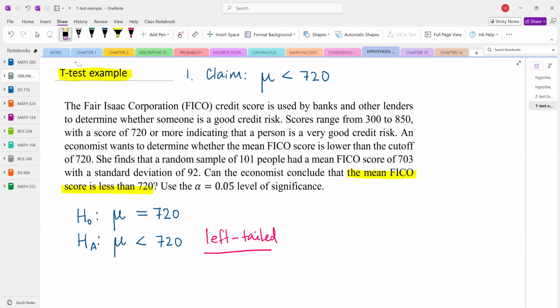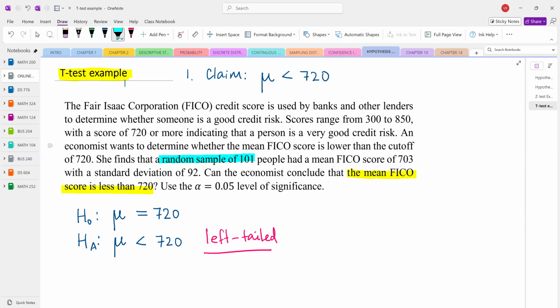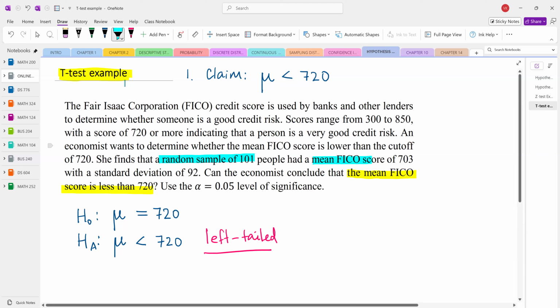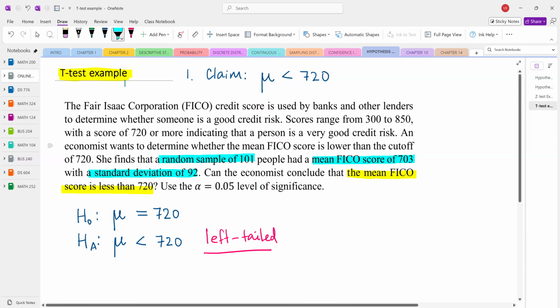Now that we established the null and alternative hypotheses, let's go ahead and record the data available. So here we've got a random sample of size 101. The mean FICO score in the sample is 703 with a standard deviation of 92.